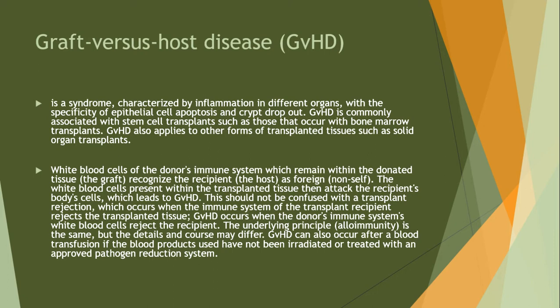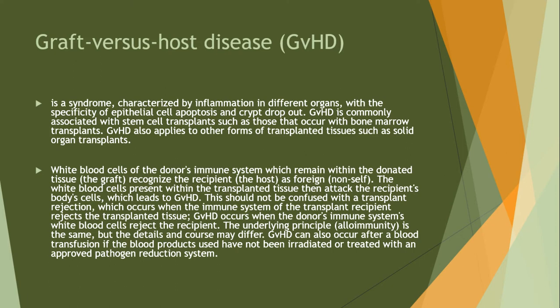White blood cells of the donor's immune system, which remain within the donated tissue, recognize the recipient as foreign. The white blood cells present within the transplanted tissue then attack the recipient's body cells, which leads to graft versus host disease.